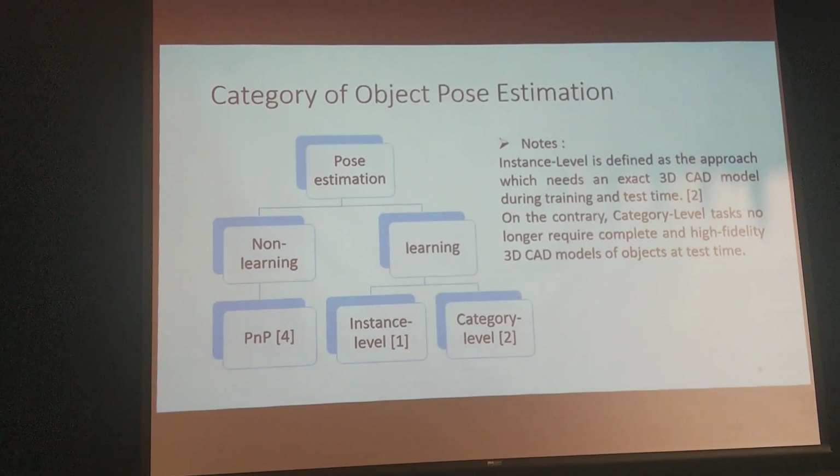Instance level is defined as the approach which needs an exact 3D CAD model during training and testing time. On the contrary, category level tasks no longer require a complete and high fidelity 3D CAD model of the object at test time.